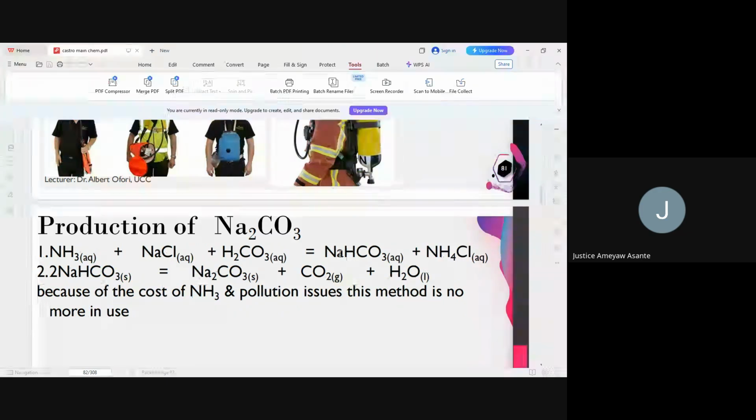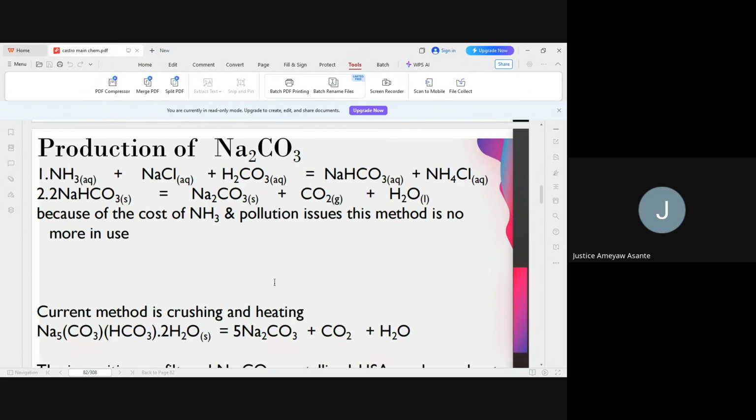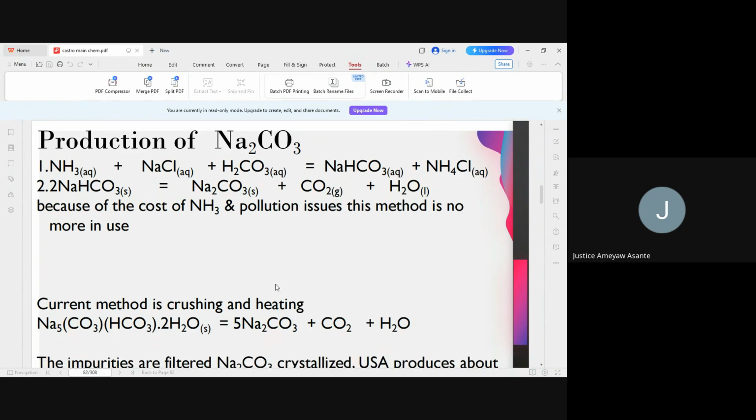The sodium bicarbonate will be converted to sodium carbonate, carbon dioxide, and water. So after you produce this, you isolate it and heat it, and the hydrogen will form water with one of the oxygen atoms, and carbon dioxide will also be produced.